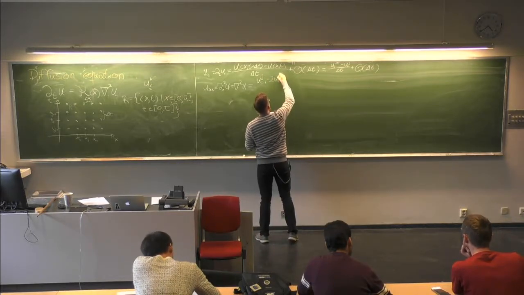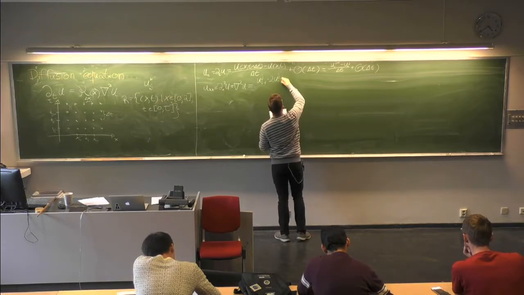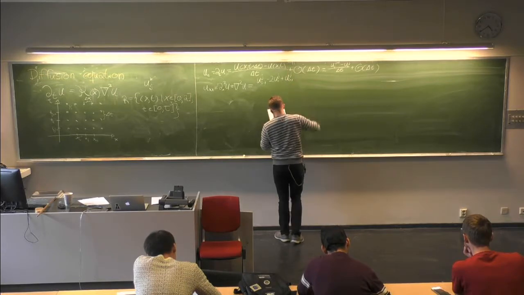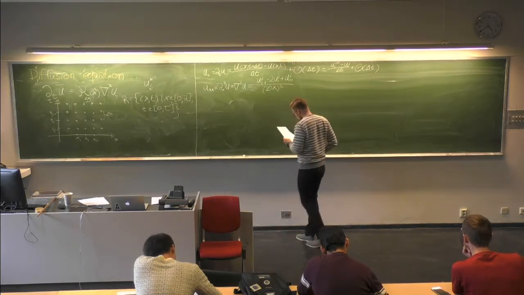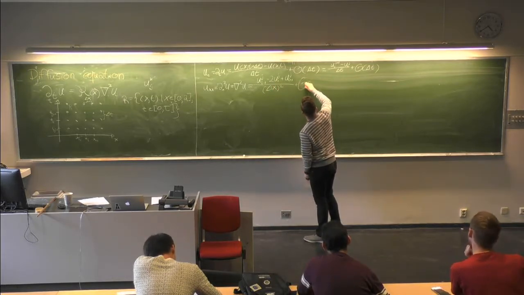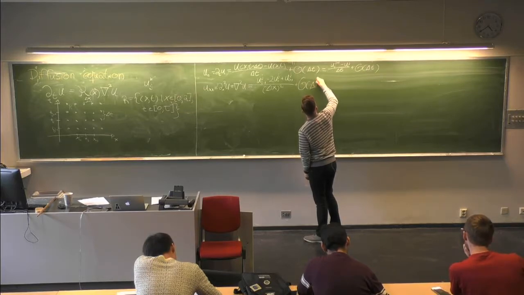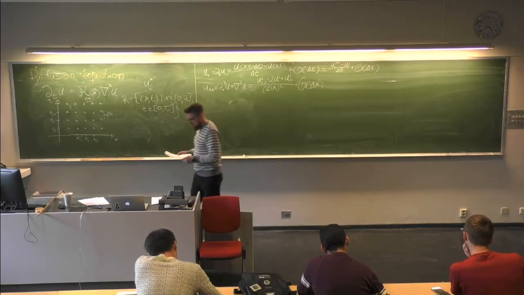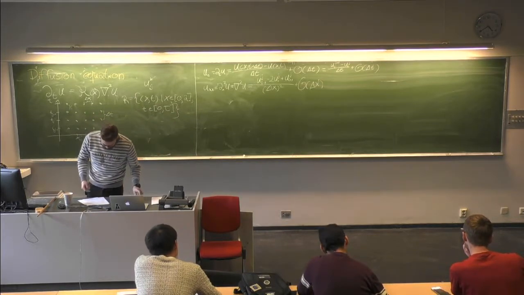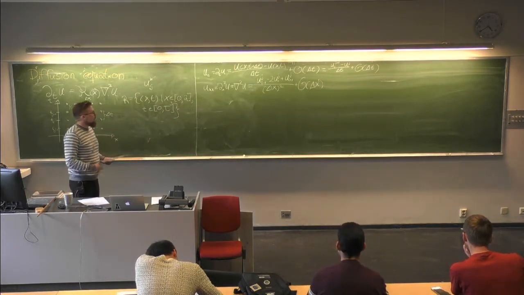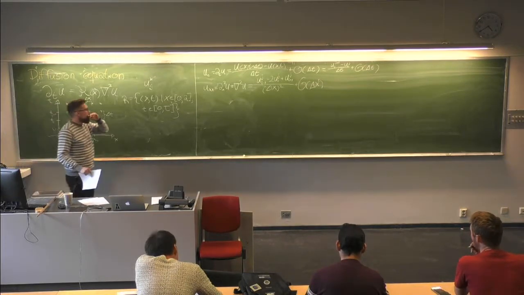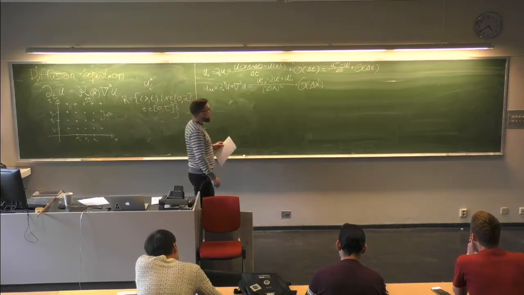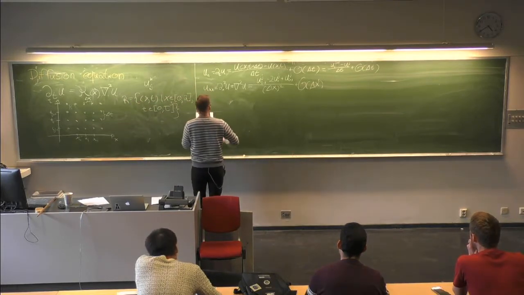u i, j, u i plus 1, j, and so on over delta x squared. Okay, so what we want to do here is actually solve forward in time. So by doing some algebra, you should all be able to do this, I hope.